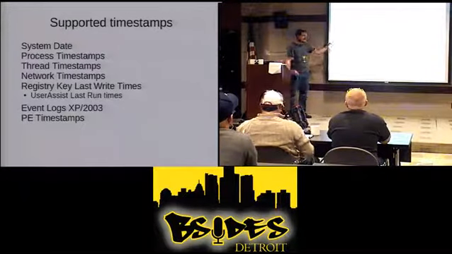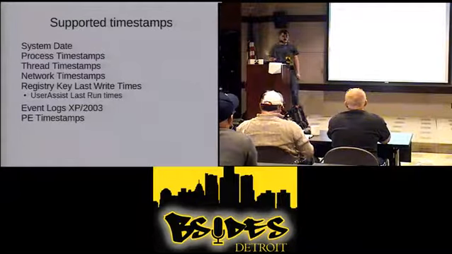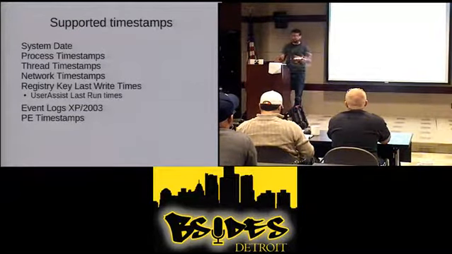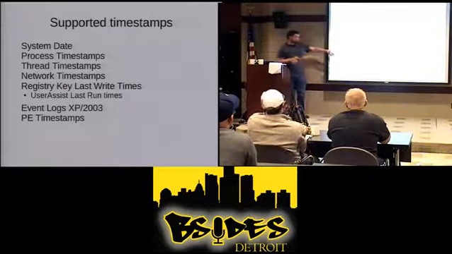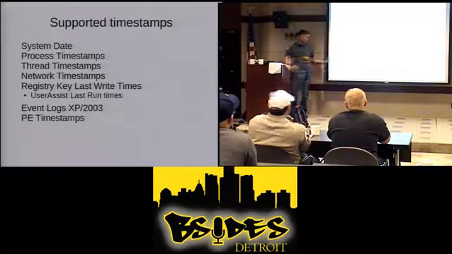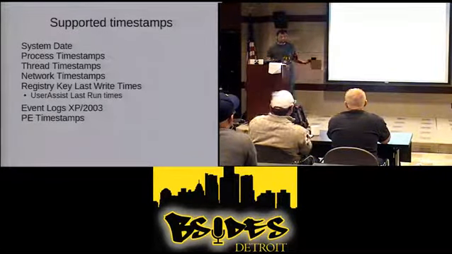Registry key last write times are interesting, especially when you have a registry key that was written to one of the autoruns, so anything like CurrentVersion Run, if a program was included into that. And then some of the event logs for just XP and 2003, and any PE timestamps, so some of the metadata that you get from Windows executables, such as an EXE or a DLL.